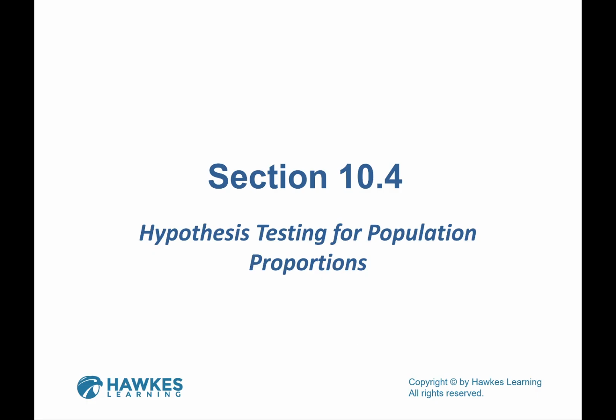We are on our last section in chapter 10. It's our last hypothesis testing chapter, and then Tuesday we will do 12.1 and 12.2. Those two sections go together, and then we'll be finished with material.